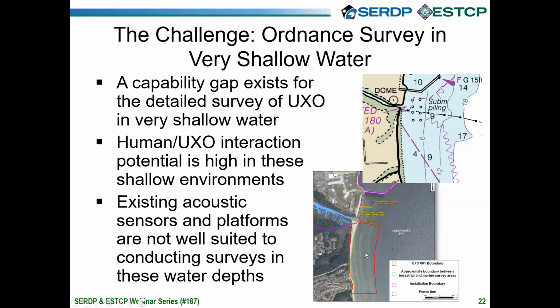The water is actually shallow enough in this region that we can see the sandbars that have formed through here. And these are the places where people might actually go into the water, be able to interact with the seabed, and they have the highest probability of being able to physically touch an unexploded ordnance if one was located there. So it's critically important that we develop sensors that can operate in these types of areas.